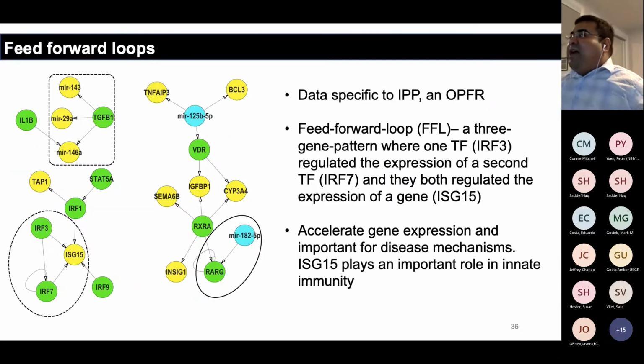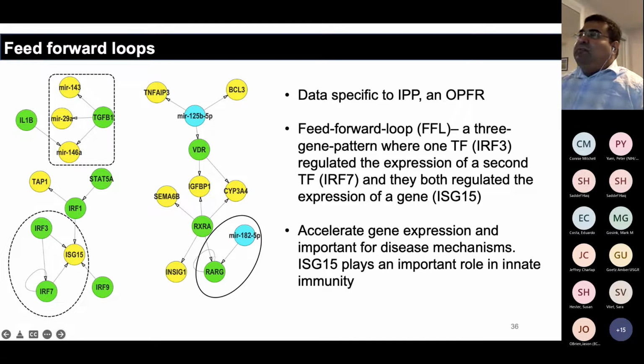And finally, as a special case, we also found a number of cases where a gene regulates a microRNA, and this data is all in one flame retardant, IPP, which is an OPFR. We found cases where a gene regulates several different microRNAs, or where a gene or a transcription factor regulates itself. But what I wanted to show you today before wrapping up is the presence of these feed-forward loops in the flame retardant exposures.